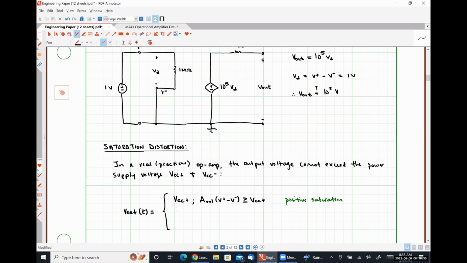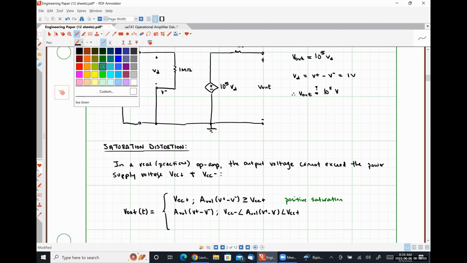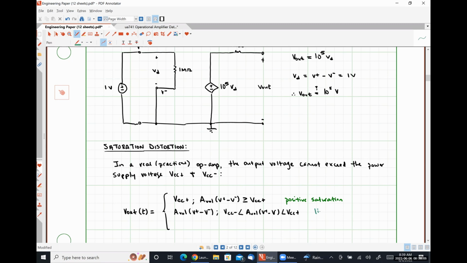Our output will look like AVOL times V plus minus V minus, when VCC minus is less than AVOL times V plus minus V minus is less than VCC plus, which we will refer to as the linear region of operation.